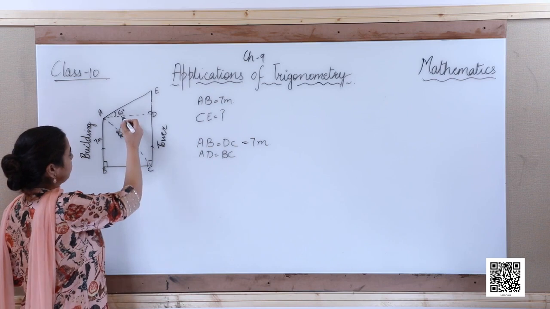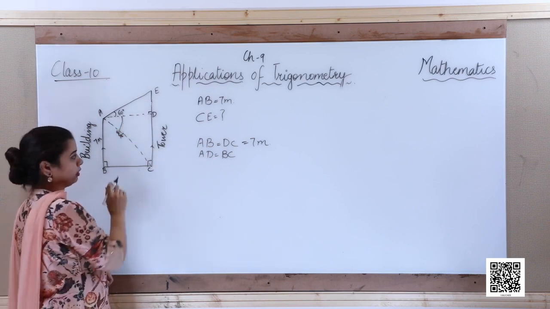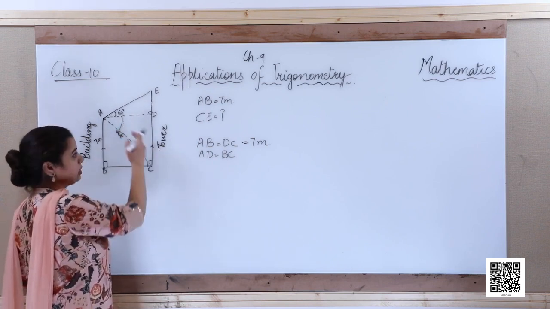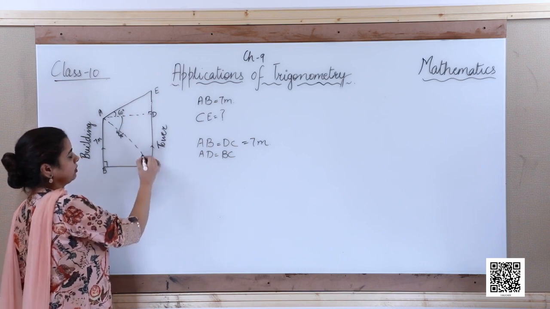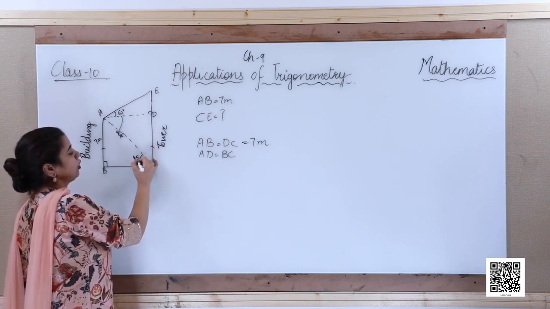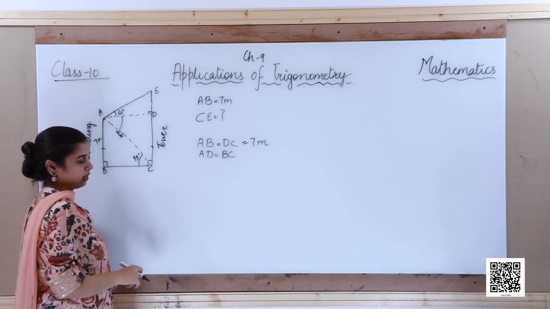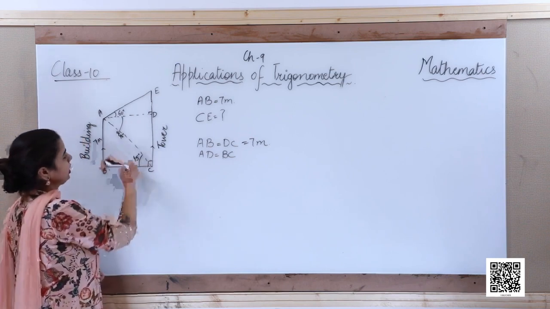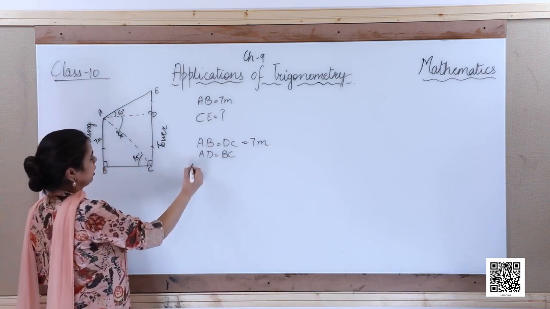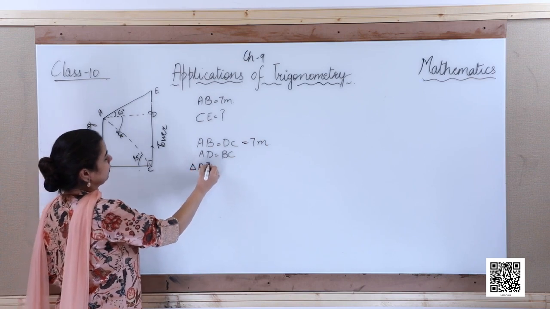So here in this triangle, since we know that this is 45 degrees, and these two are parallel lines, if this is considered as a transversal, this is also 45 degrees by alternate interior angles. So let us apply a trigonometric ratio in triangle ABC.